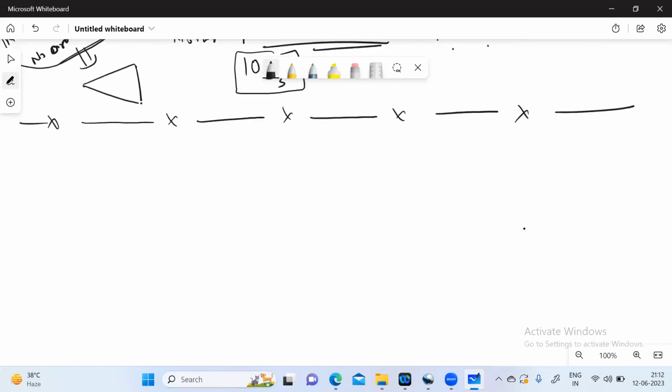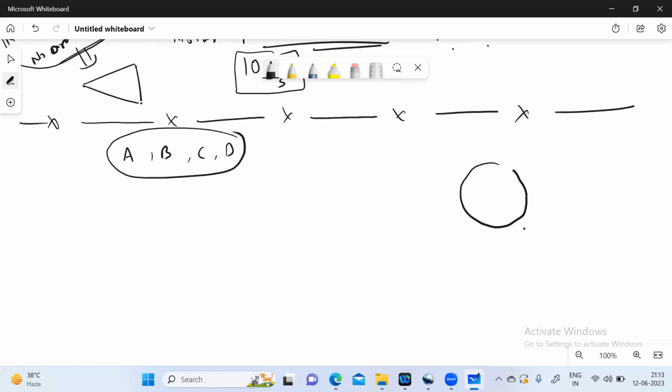Let's say there are 4 persons, A, B, C, D. They need to be seated on a cyclic table, and the question is, in how many ways they can be seated?